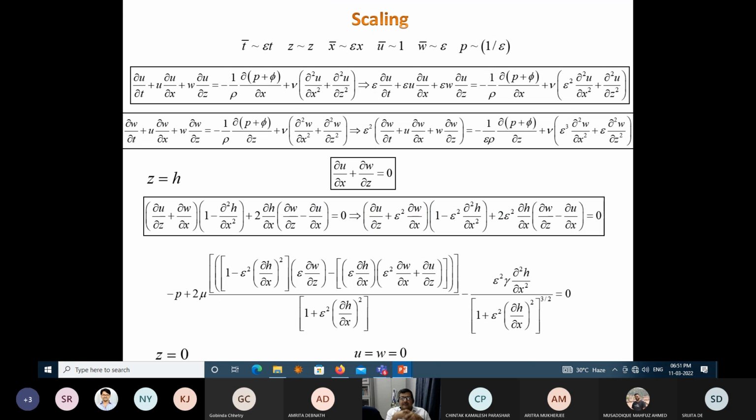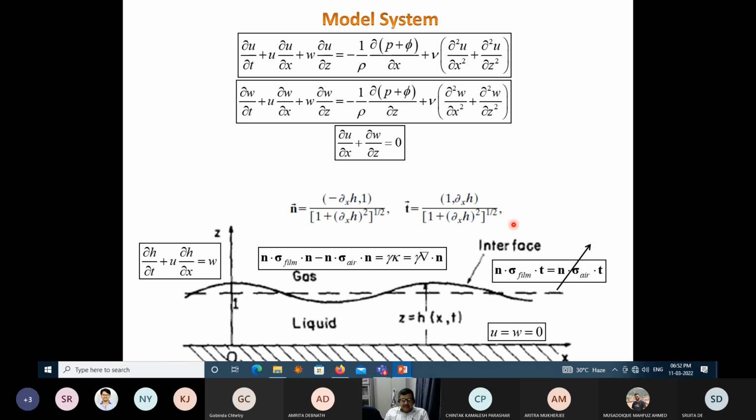Now, if I expand this, I'm just giving you an assignment. You know what is n, right? N is this, T is this. Expression is given. You know what is sigma also, right? For a Newtonian film, gradient of V transpose, right?